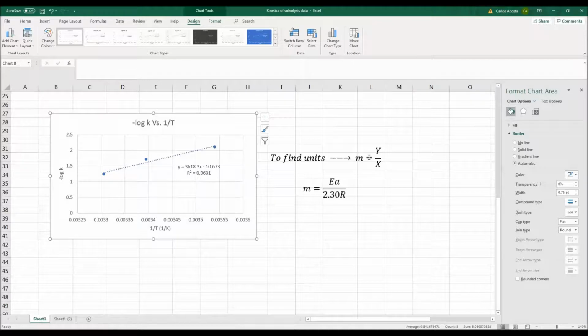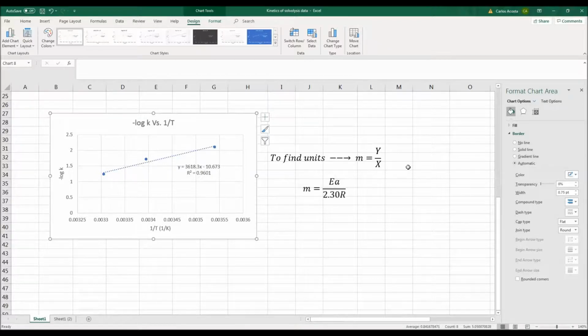So we have to divide the units on our y-axis by the units on our x-axis. Since the y-axis is unitless, we're just going to plug in a 1 where the y is. And we know that the units on the x-axis are 1 over K, where K is Kelvin, so we plug that in where x is. Then we simplify that fraction, and the units that we get are the units for the slope.